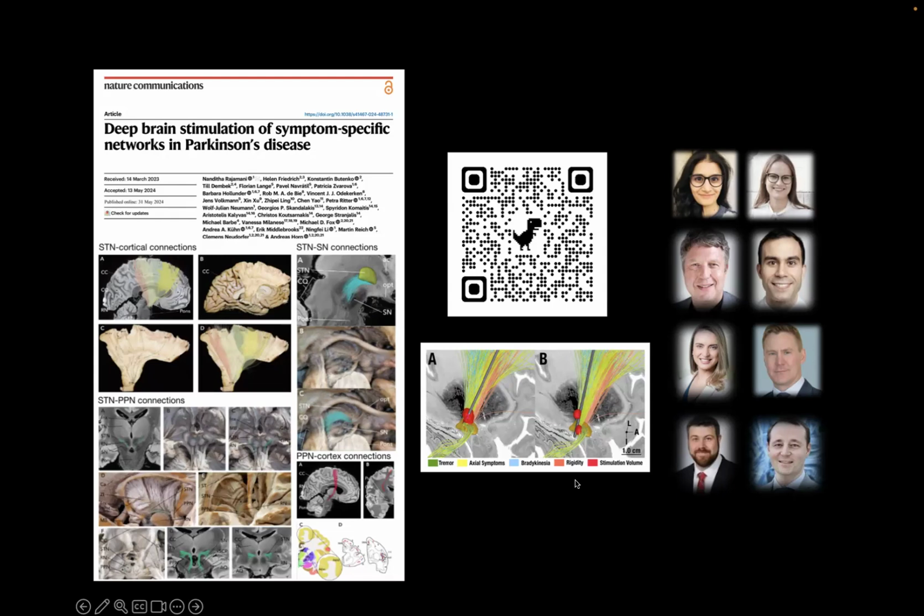And based on the symptoms that the patient has, we might get a specific area in the STN to control these symptoms.